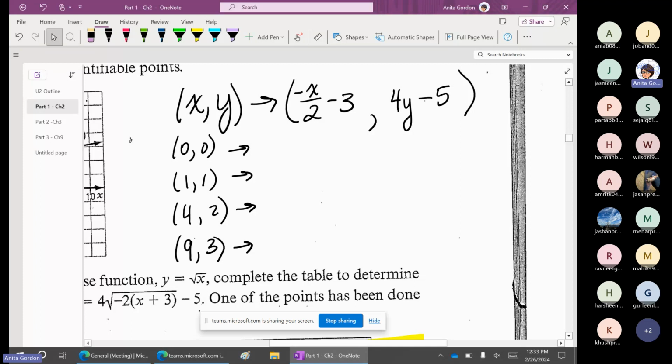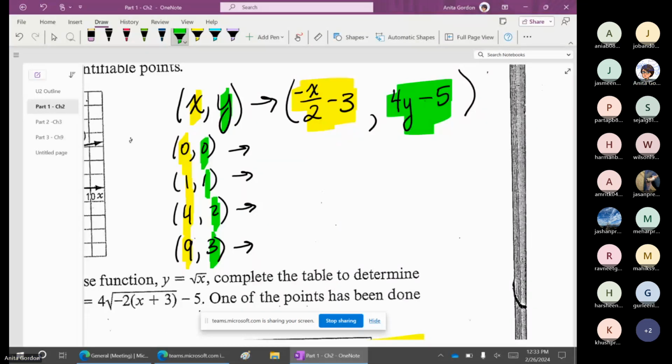So you're putting all of your x values through this equation and all of your y values through this equation.